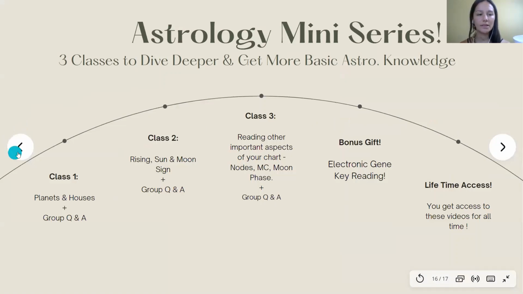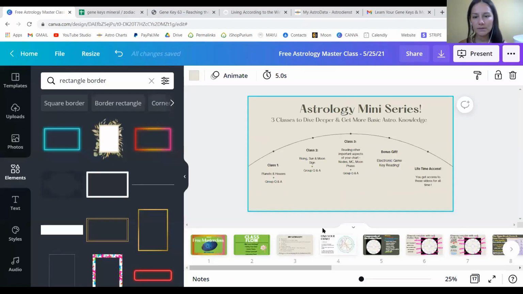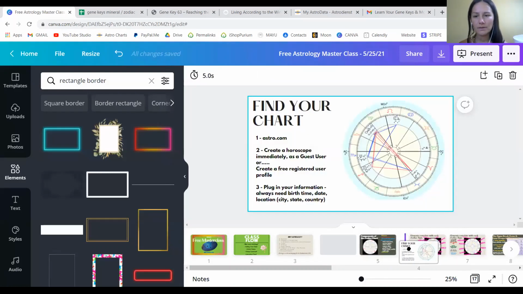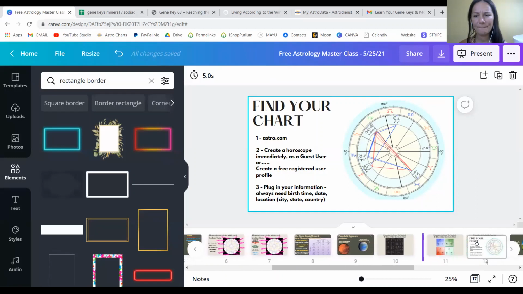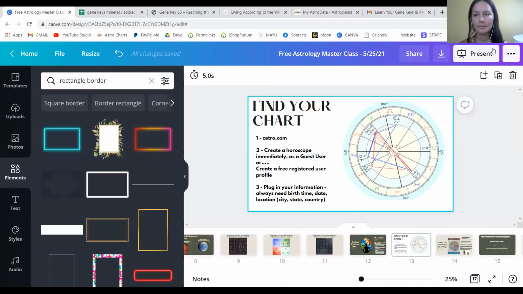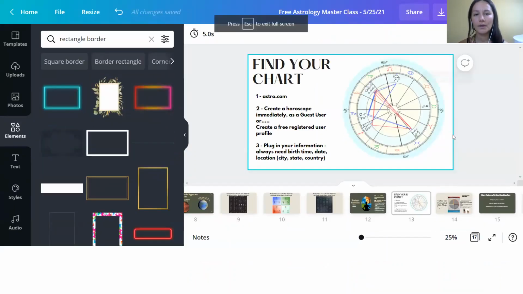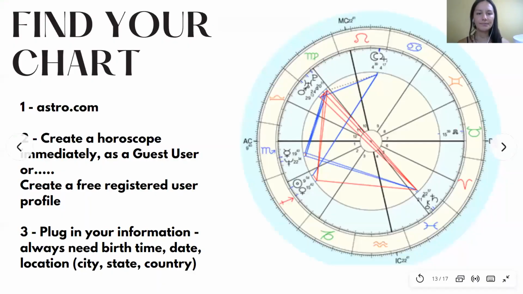I'm going to bring it closer here. So first we look at the rising. Left side is the rising, Scorpio.